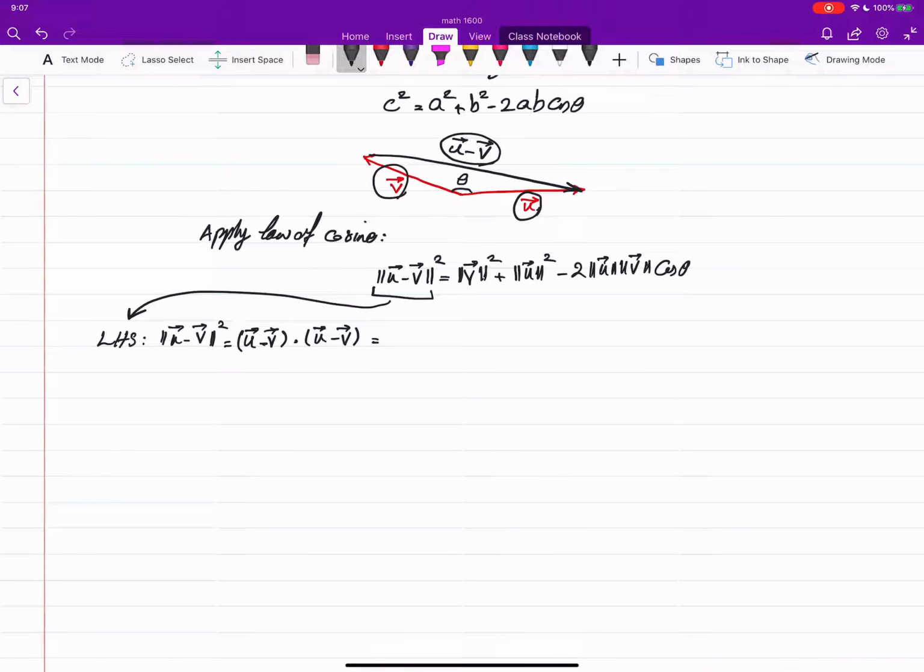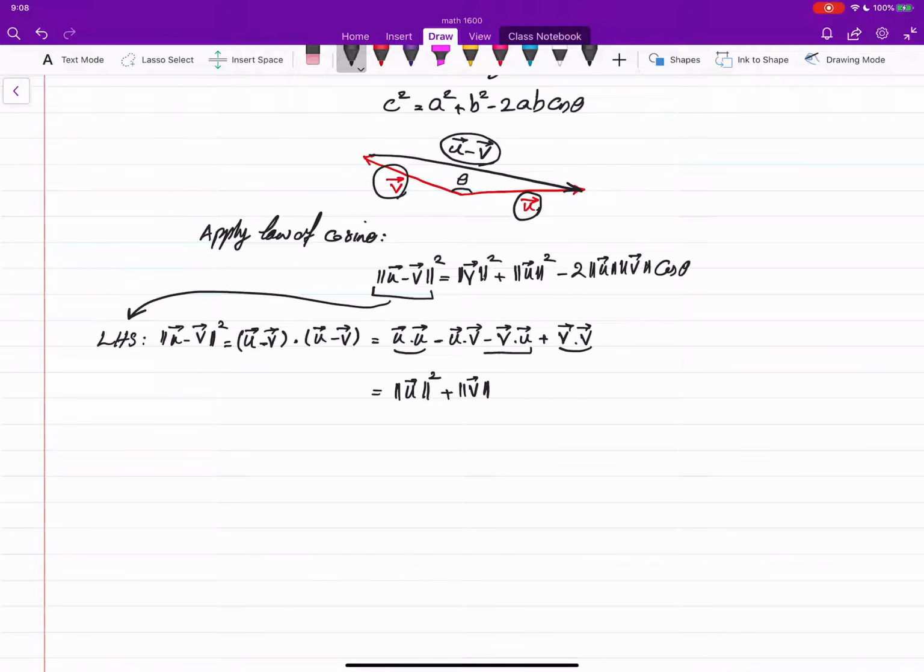And then use the dot product properties, basically distributivity of the dot product, and what we will get is u dot u minus u dot v minus v dot u plus v dot v. But u and v, these are the ones that we dot product vector to itself, so we get length of u squared, and for that part we get length of v squared.